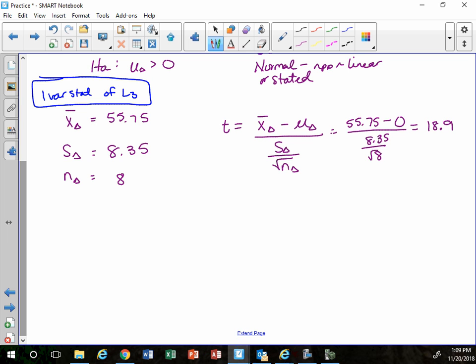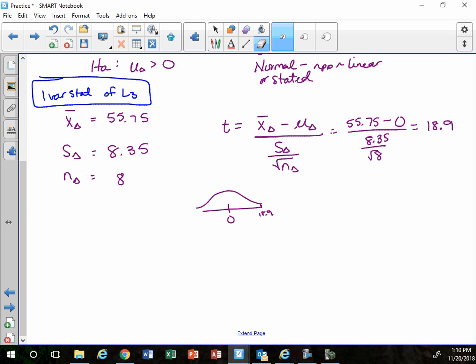Without actually doing the tcdf, what do you think the p-value is going to be? We're saying this is like 18.9 standard deviations away from the mean. Is that real likely? No, so pretty much 0 for your p-value. Still make your little picture. We're doing where we standardize, 0's in the middle. 18.9 is like out here, so we'll make this teeny little part 18.9.